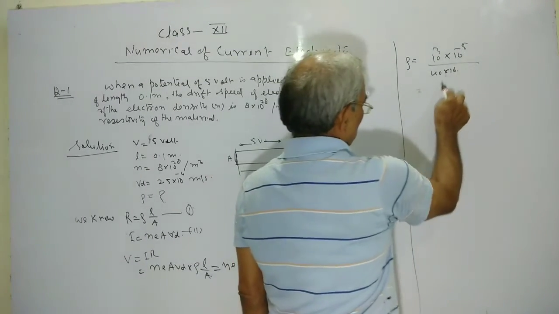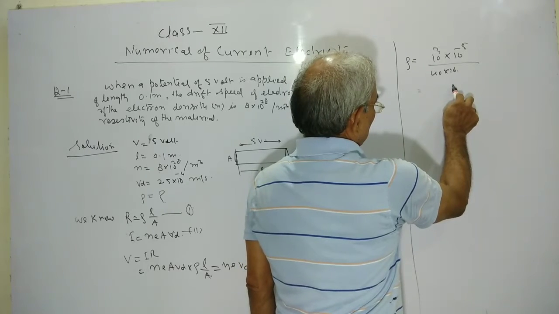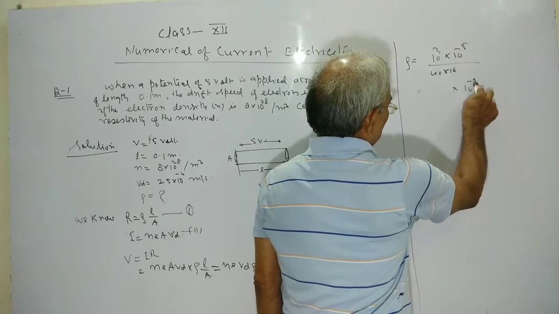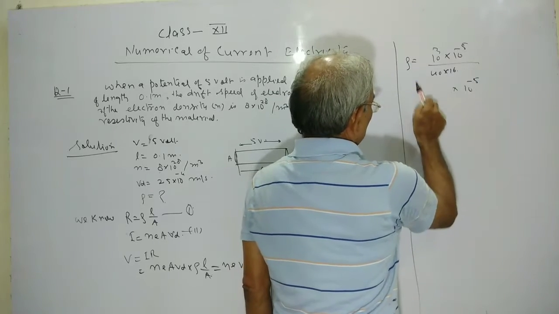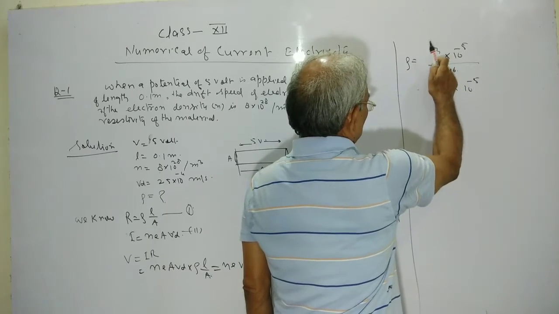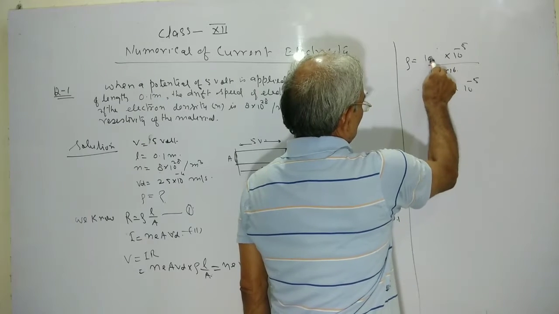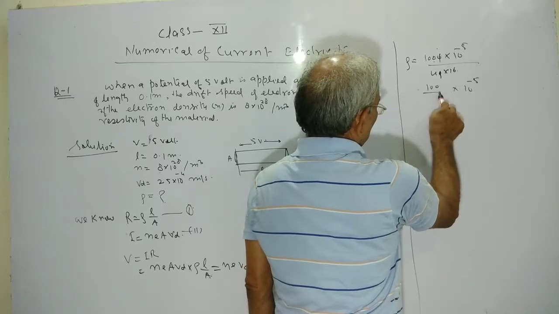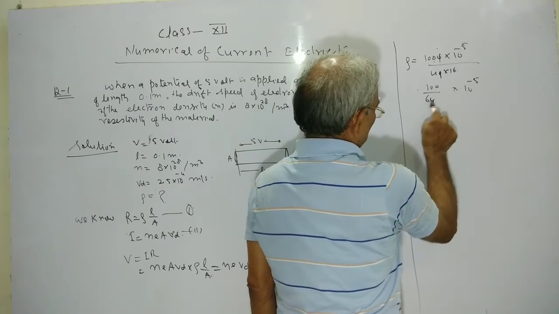It means 10 to the power minus 5, or we can write 1000, the 10 is cancelled out, 100 upon 64.